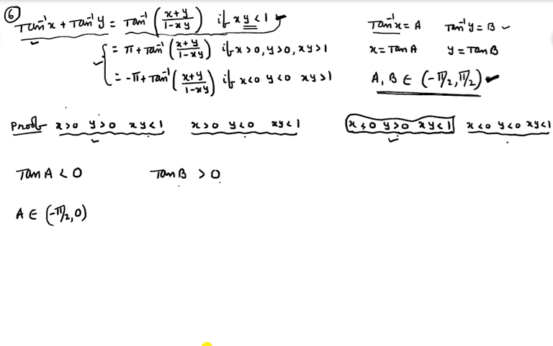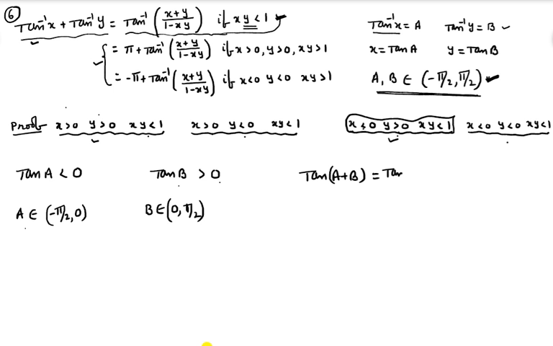But here tan b is greater than 0, and b belongs to the open interval 0, pi by 2, in which tan b is positive. Now a belongs to minus pi by 2, 0, b belongs to 0, pi by 2, but we know tan of a plus b.